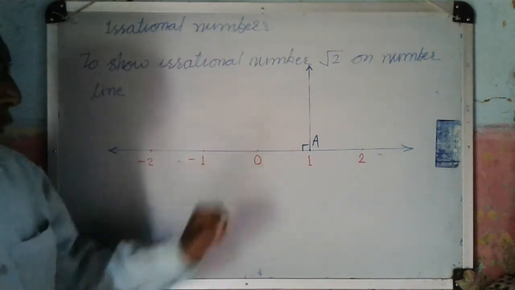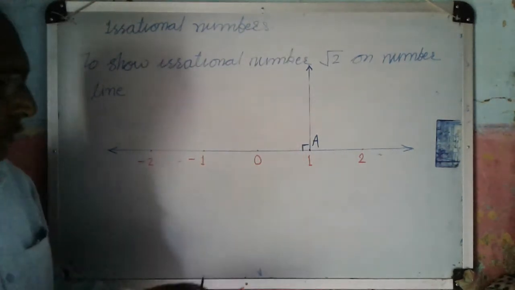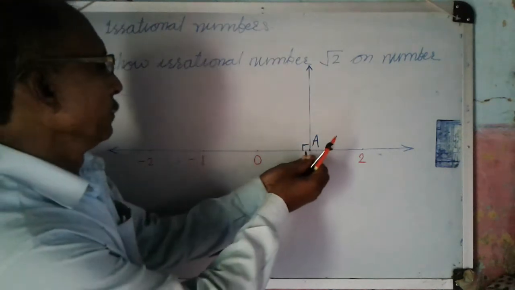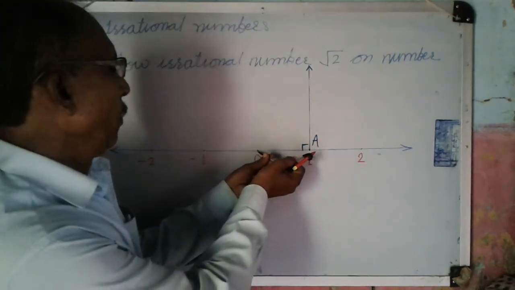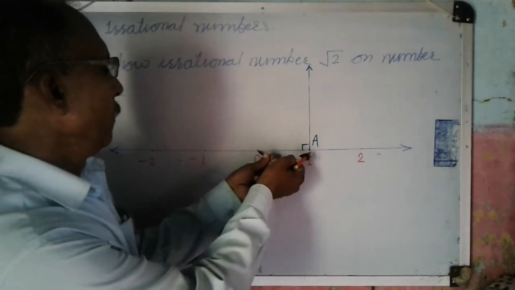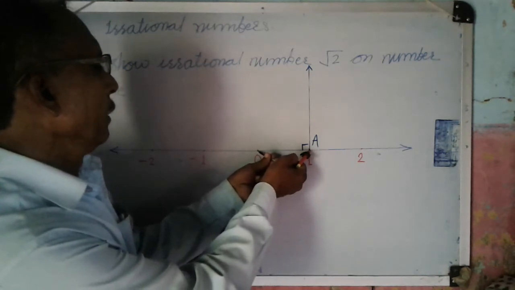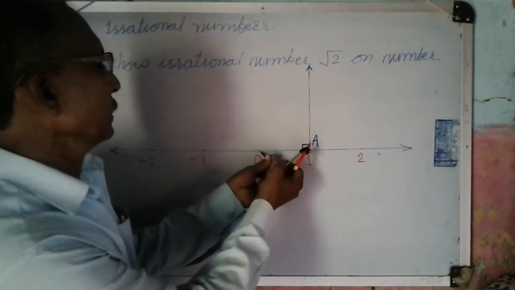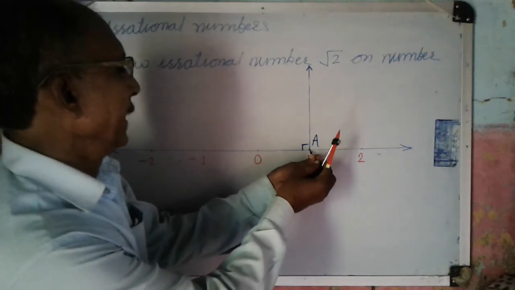On this line take point P such that distance of OA is equal to distance of AP.